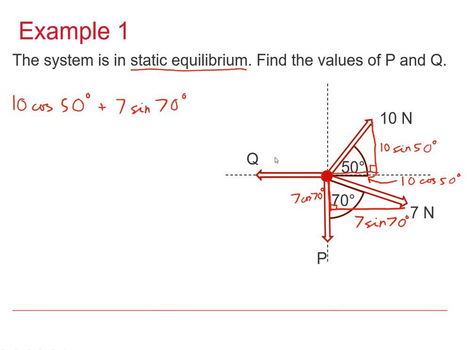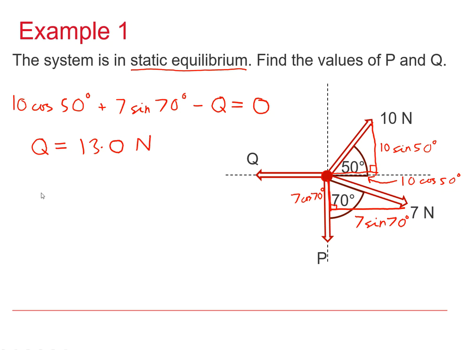And because Q is acting to the left, we have minus Q. And because we're in static equilibrium, they must add to make zero. And so we can rearrange that for Q. So Q will be 10 cos 50 plus 7 sine 70, and that works out as 13.0 newtons.